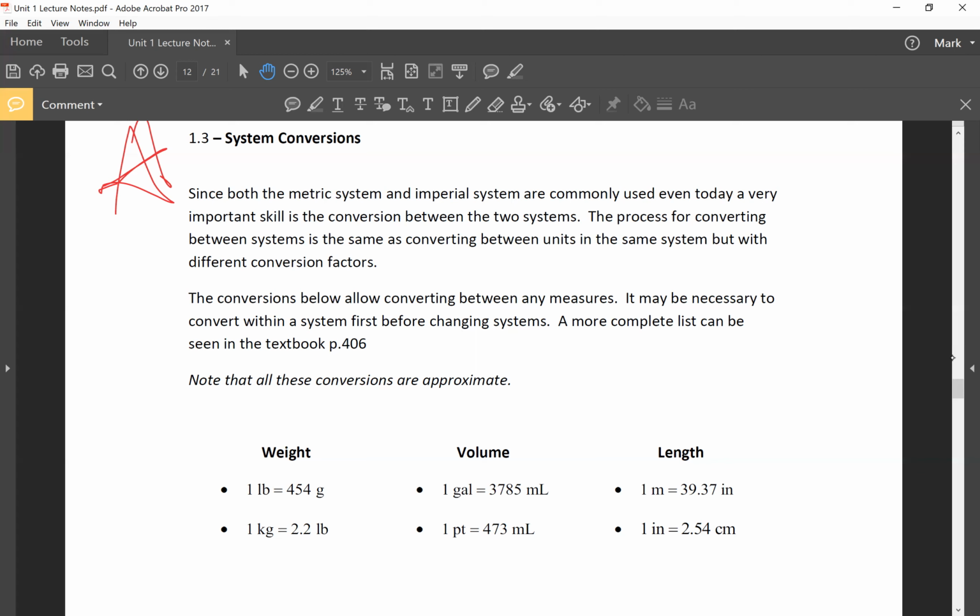So what I'm saying is the metric system is used in most of the world, but the imperial system kind of creeps its way in. In the medical industry and the petroleum, oil and gas industry, you will still see a lot of imperial units. I've talked about pints of blood, gallons of oil.